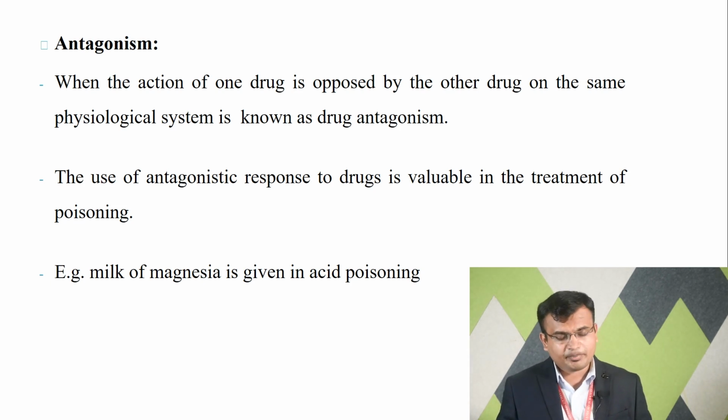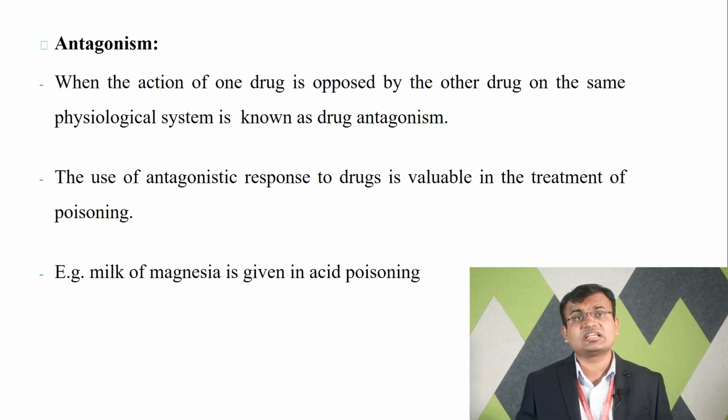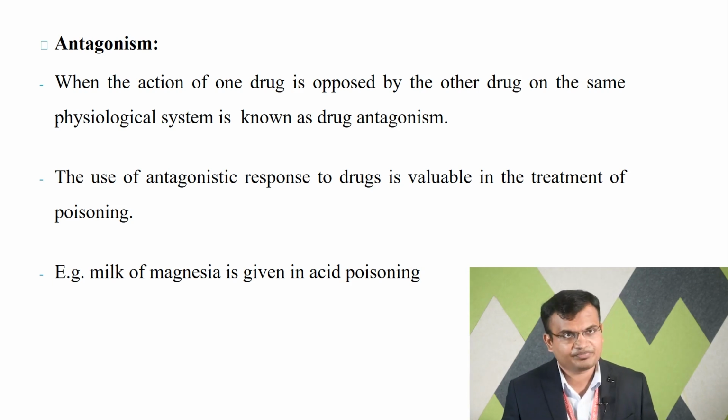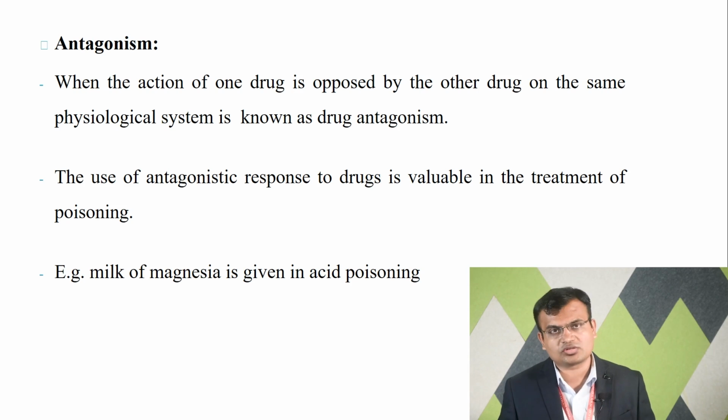So it is one important parameter, and the prescriber also takes care, while prescribing certain drugs, that the antagonistic effect should not take place. And if it occurs, then definitely the patient has to suffer.